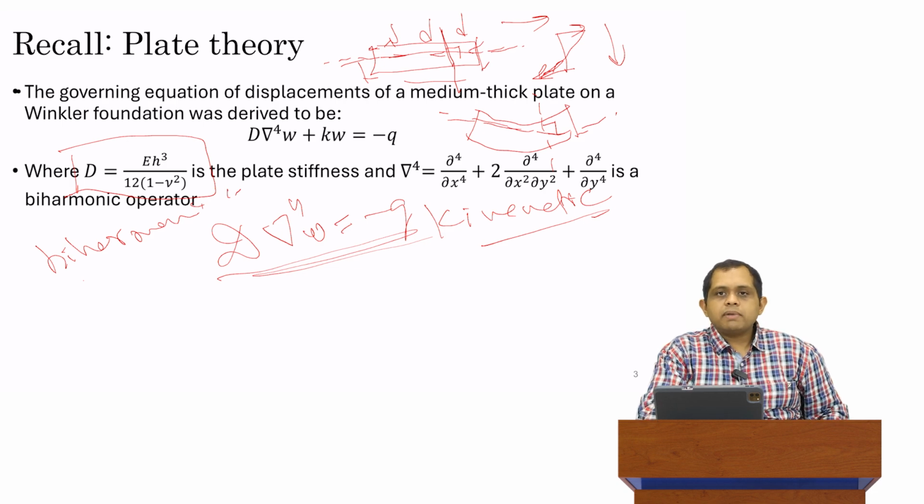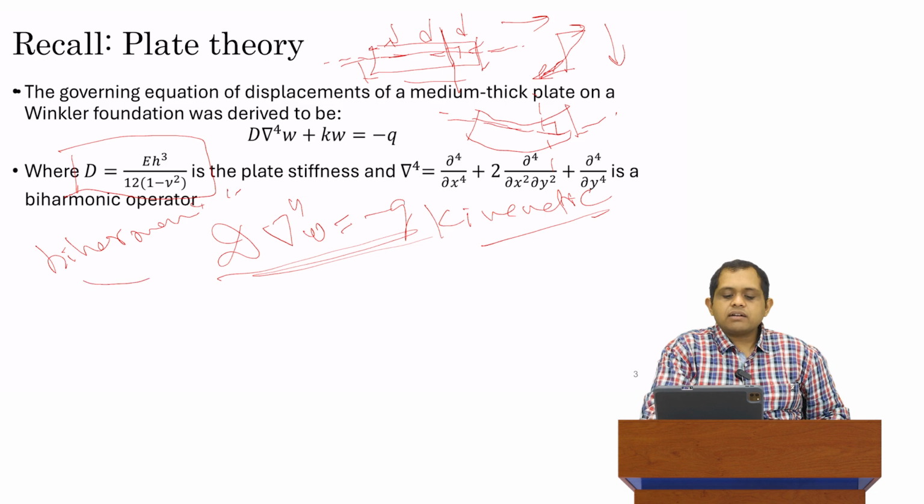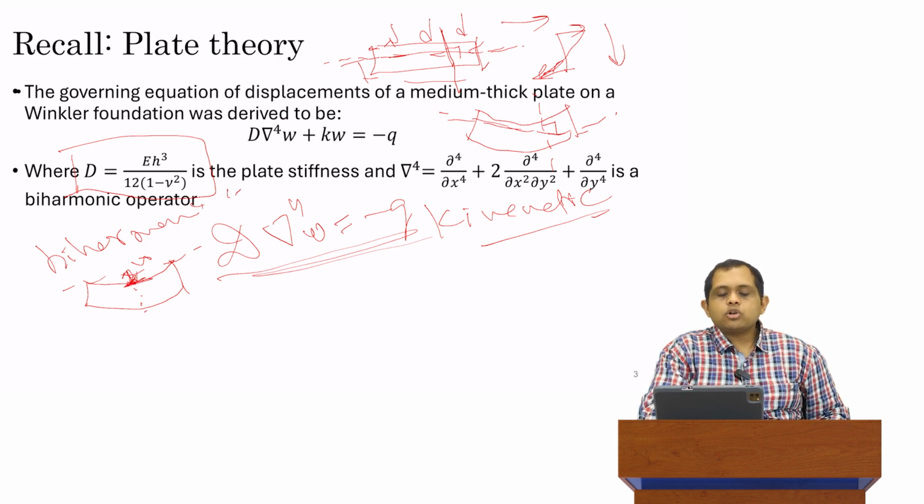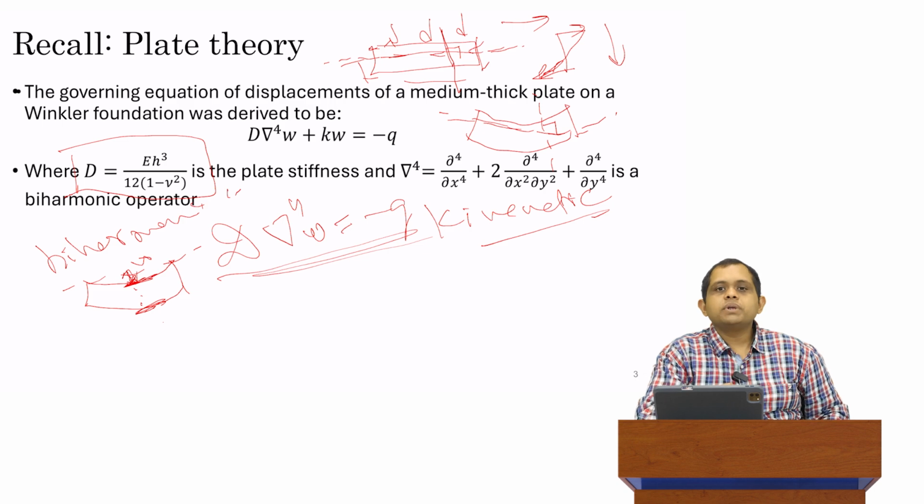Remember, keep in mind, we make the assumption that no shear strains are admitted, which means that if I have a slab which is bending thus, and relative to its original position, I pick a point on the slab and calculate its displacement W, then any point through the thickness is going to have the same displacement. In particular, the displacement on the top surface and the displacement on the bottom surface at the same horizontal point is going to be the same.